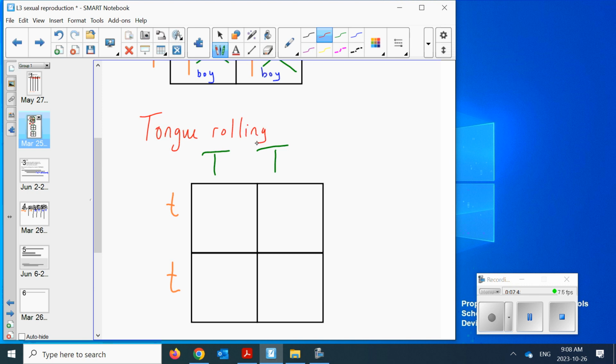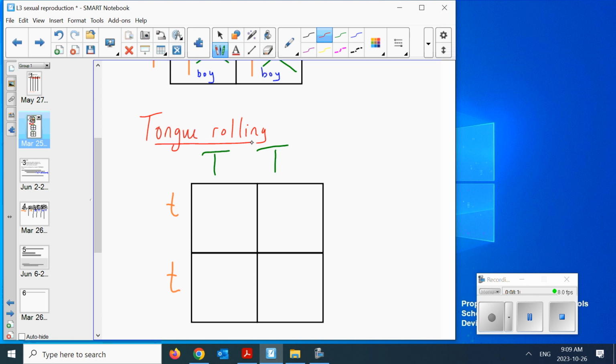We're going to take a look at what we coded for. Who are the people in the class yesterday who said they can't roll their tongue? Did you by chance ask anyone in your family the other day if they could roll their tongue, Mike or Alice?